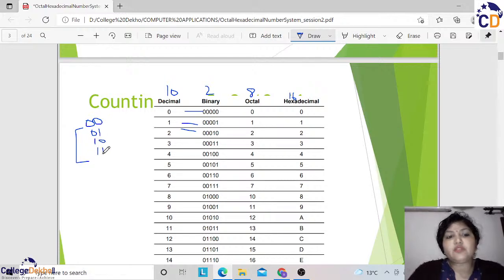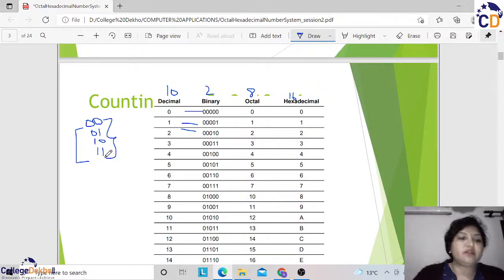If you know this series, you can derive any of the binary numbers. So the series would be 00, 01, and then 10, and then 11.